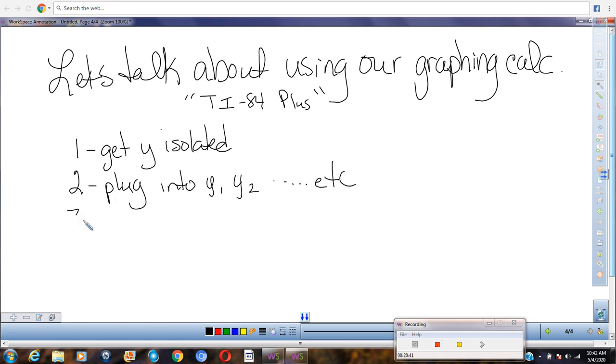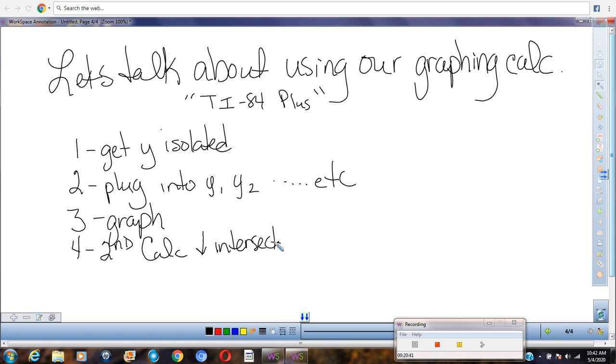Step 3, you're going to want to hit graph. Step 4, now we hit second and calculate. You want to go move down to intersect and hit enter.